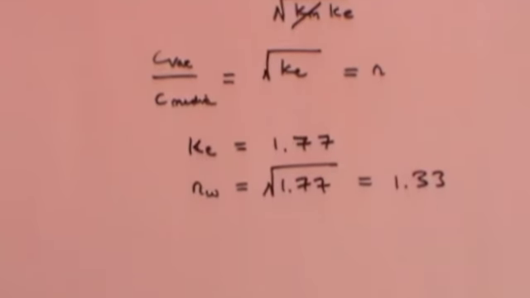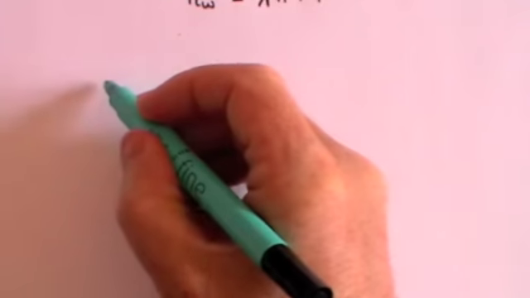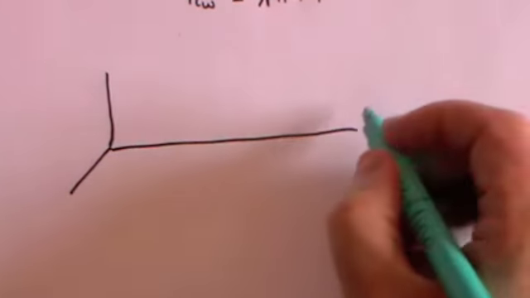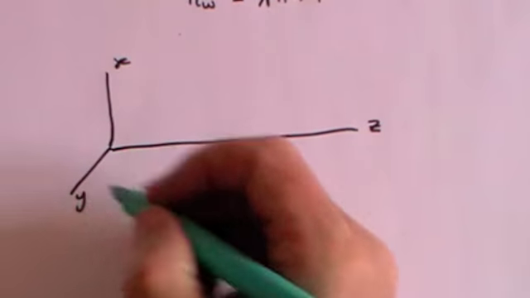Now I just want to remind you from the video on What is Light of how we described electromagnetic radiation. We took three axes. This is the z-axis, this was the x-axis, and this was the y-axis.